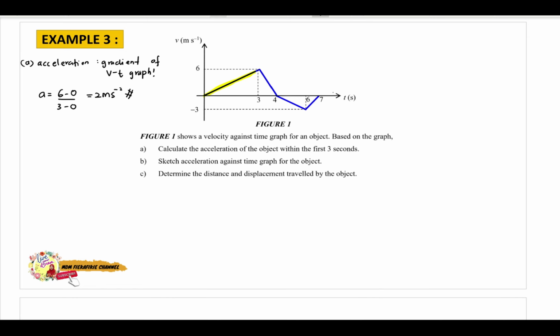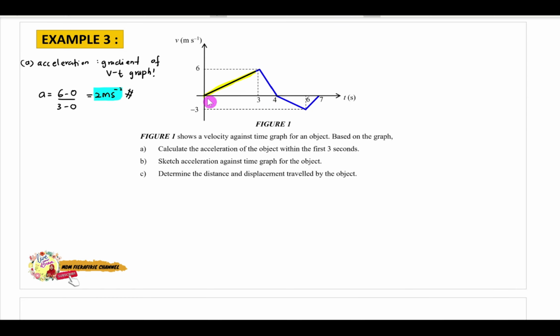Okay, and it is a positive value. Why? Because the object is moving in positive direction. Look at the value of the velocity. From 0 to positive 6 meter per second, so the object increase its velocity. Okay, in 3 second, velocity dia meningkat.